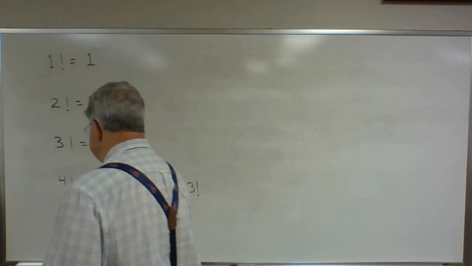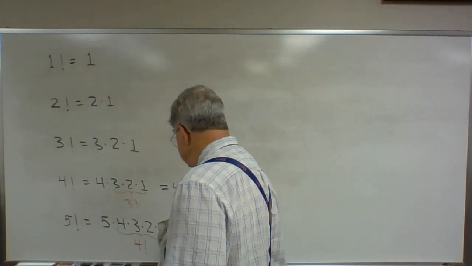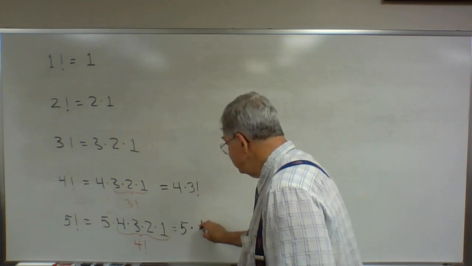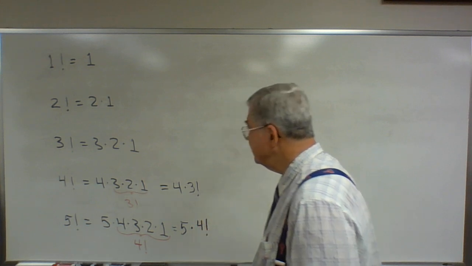So 5 factorial is equal to 5 times 4 factorial.